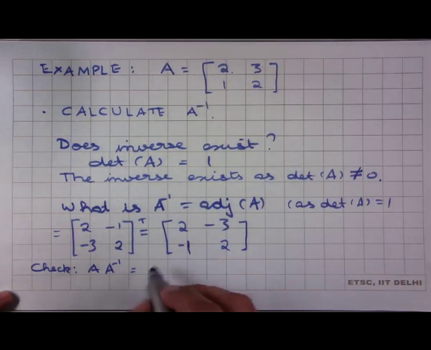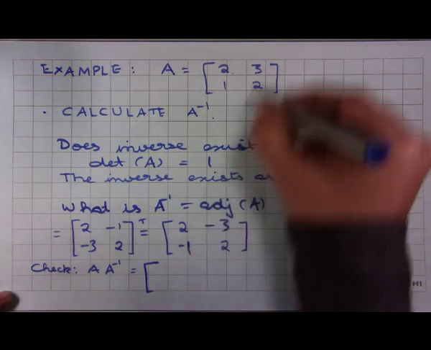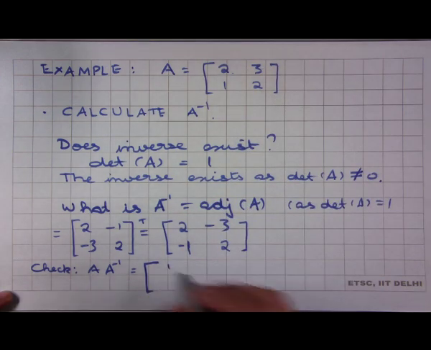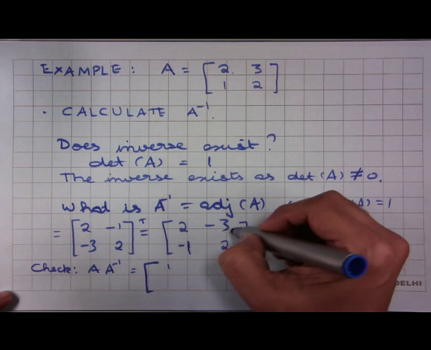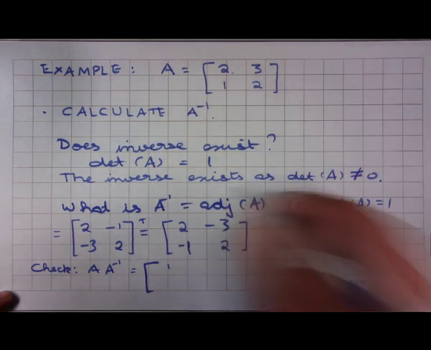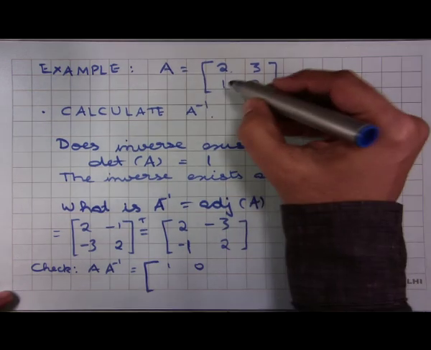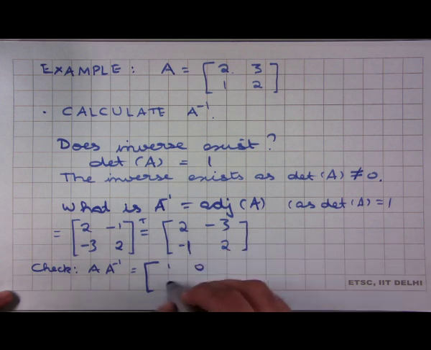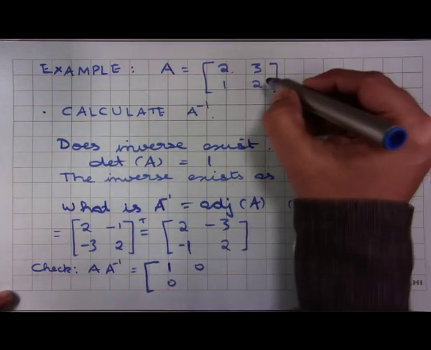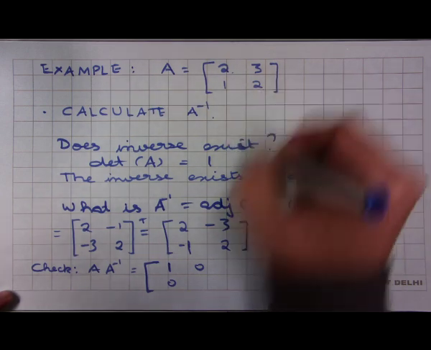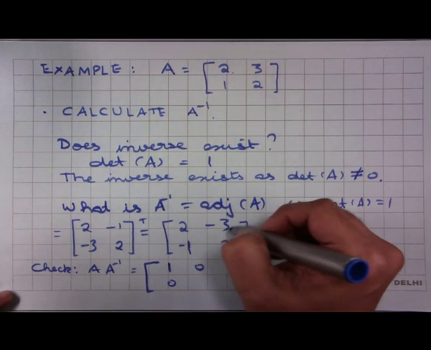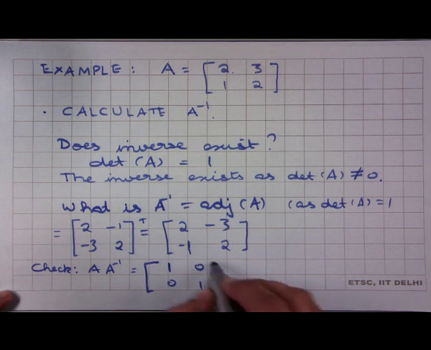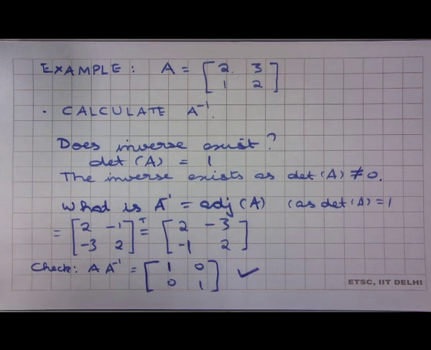The first element is 2 times 2 plus 3 times minus 1, so that is 1. The second is 2 times minus 3 plus 3 times 2, so minus 6 plus 6, that is 0. This entry is 1 times 2 plus 2 times minus 1, which is 0. And the last entry is 1 times minus 3 plus 2 times 2, so minus 3 plus 4, again that is 1. Which is exactly the identity.